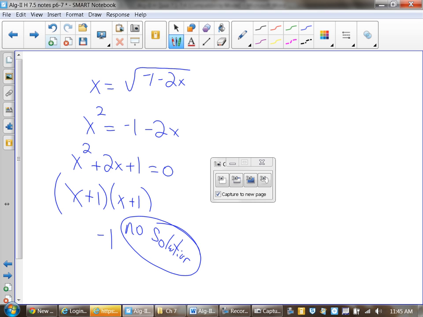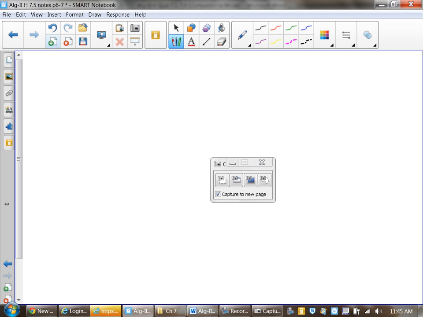We never really did that with those, so it's not that big of a deal. We're going to see that more in chapter 9. The one that makes the best sense to show you domain would be number 12. I have x minus 1 over 2x. I can't simplify anything. What they're asking you here is to state the domain.